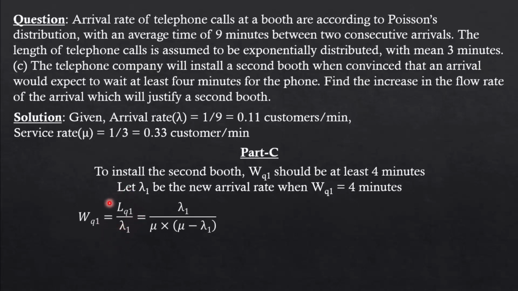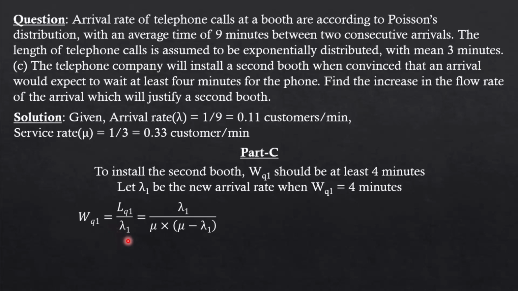Now one may think that we have already calculated the length of queue in the previous part, so we can put that value here, but it will be incorrect because there are two inputs in the problem. First is the arrival rate, second is the service rate. And if any one of them changes, the values of LS, LQ, WS, WQ, that means length of system, length of queue, waiting time in the system and waiting time in the queue, all the values will change.